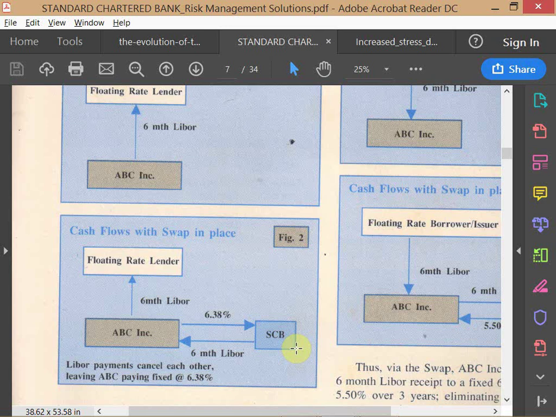But as we discovered in any kind of active or dynamic hedging program, it is the discretion of the corporate treasury as to how much you want to hedge. You may have a loan liability for $100 million, but you may decide to hedge only for $50 million or $25 million, because you might feel that here what you're doing is you are paying the fixed rate, paying the swap rate, so you're paying on the swap.